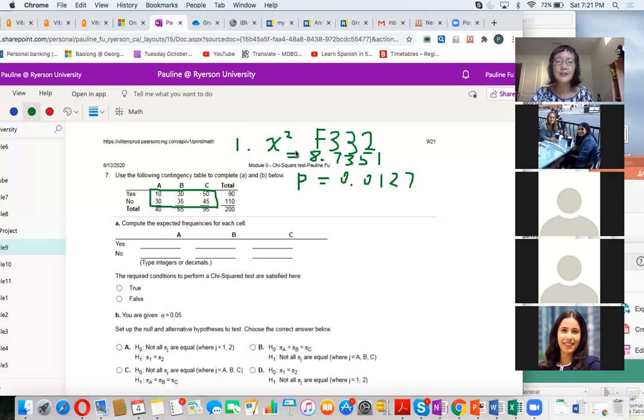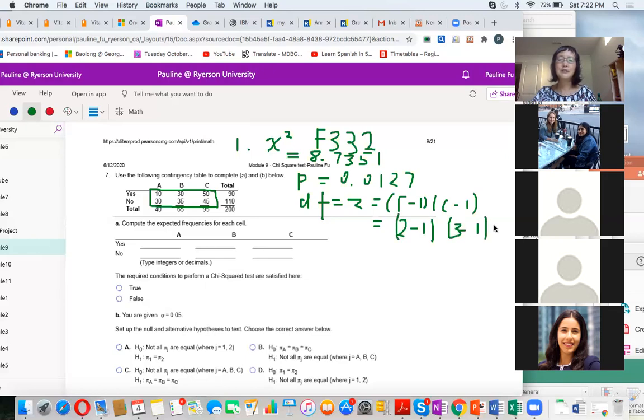So I get a test statistic and a p-value. The calculator also gives you degrees of freedom of 2. Why? Remember the definition of degrees of freedom: number of rows minus 1 times number of columns minus 1. In this example, we have 2 rows, 3 columns, so the degrees of freedom equal 2.